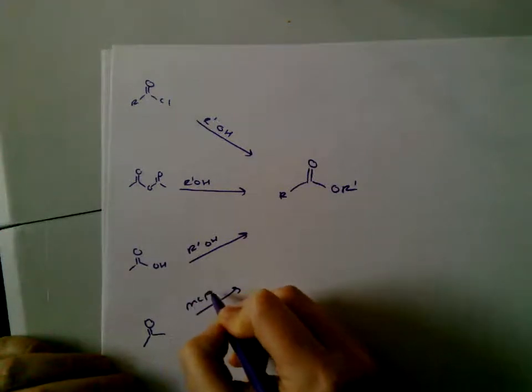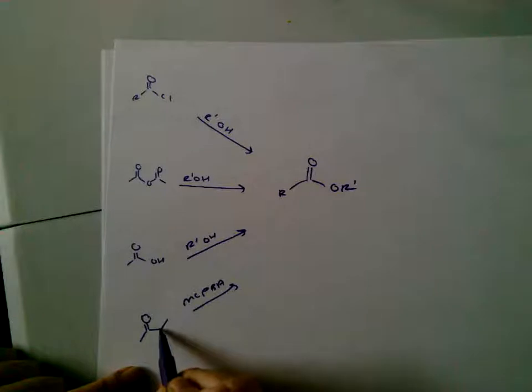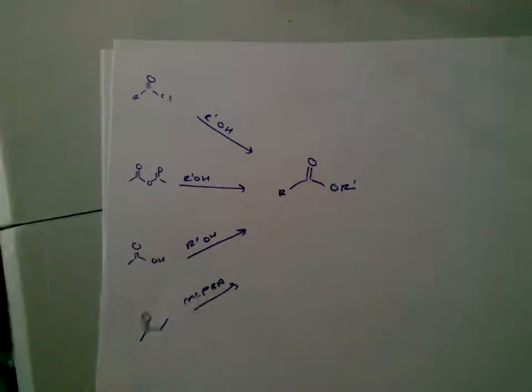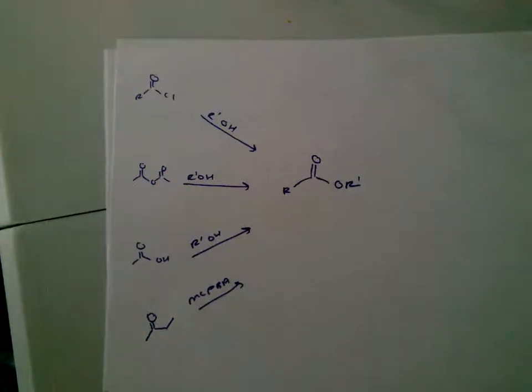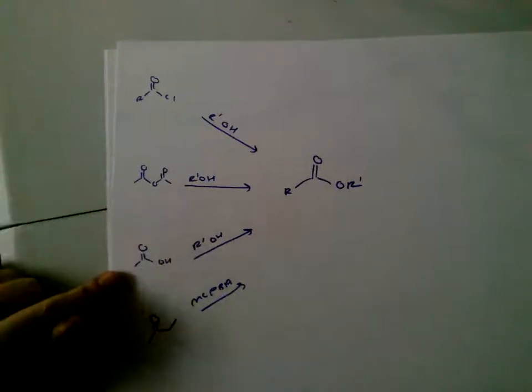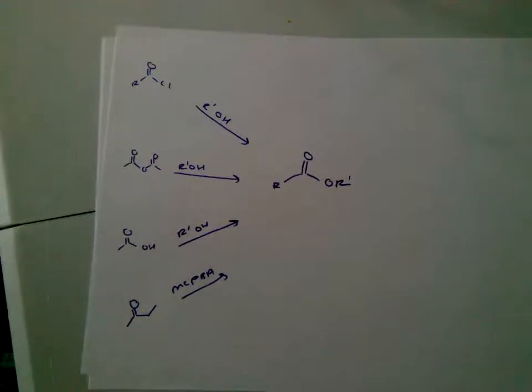So MCPBA or anything else would add an oxygen in between the two. MCPBA or any other peroxy acid will add an oxygen there. So these are all the ways to make an ester. There's also Fischer esterification, I think you learned. This might be Fischer esterification. I can't remember the names of all the reactions. I think these are the major ones. If there's one I forgot, this is a good opportunity for you to go back and review for your final anyway.